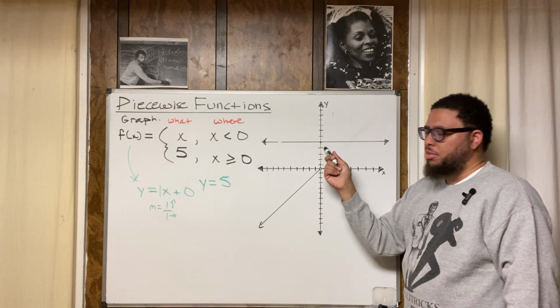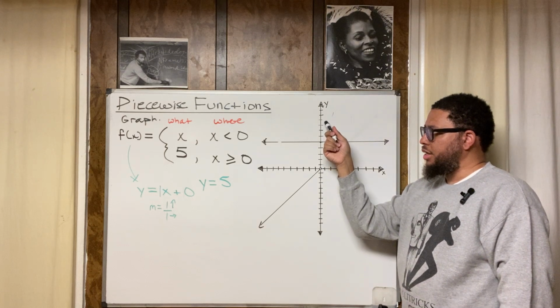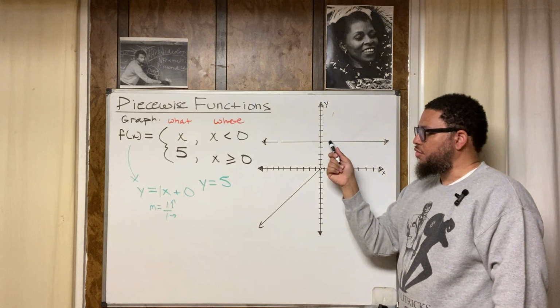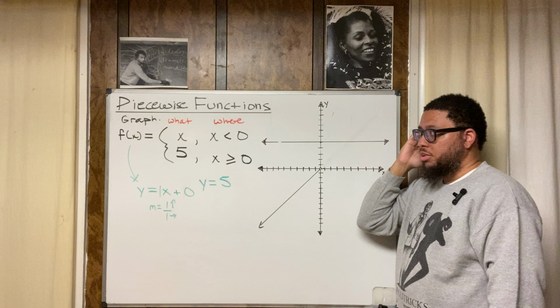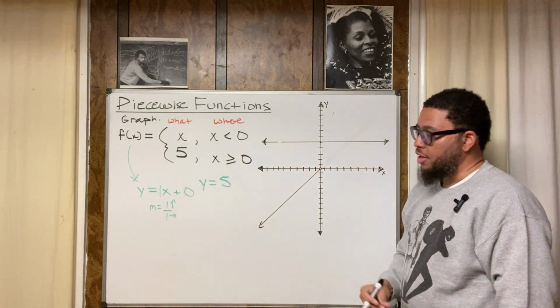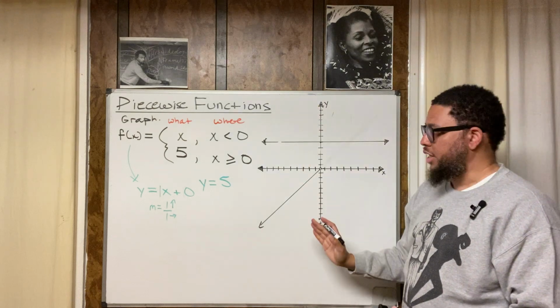Because the y value ain't never going to be 4, it ain't never going to be 3, it ain't never going to be 6 or 7 or 8 or 9. It's always going to be 5. And since the y value is always going to be 5, that's why the graph looks like this. It's horizontal, right? If we had x equals a constant, it would be a vertical line for the same reason, right?